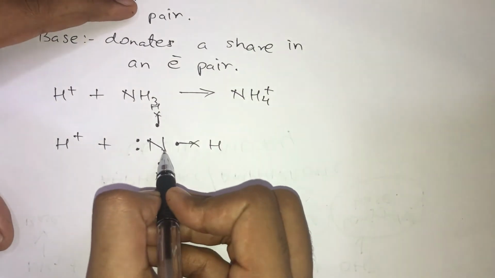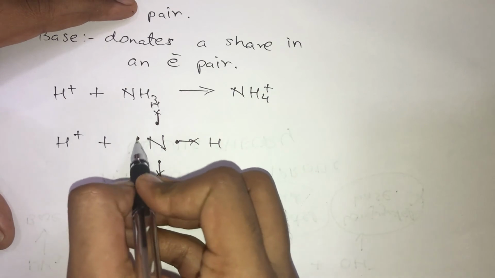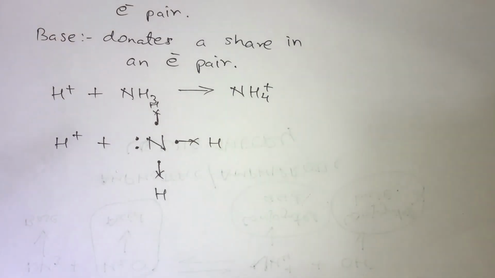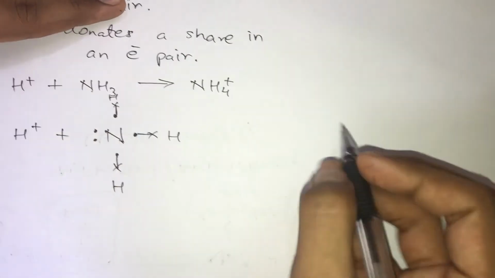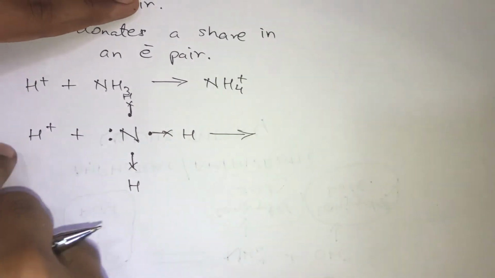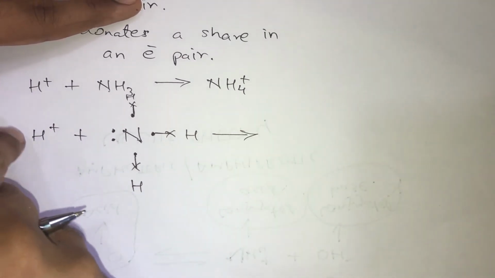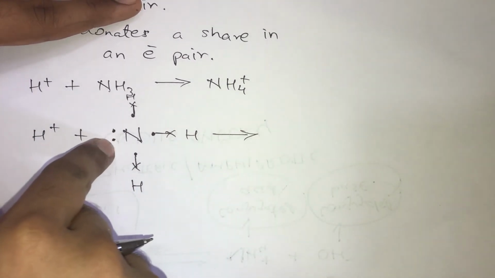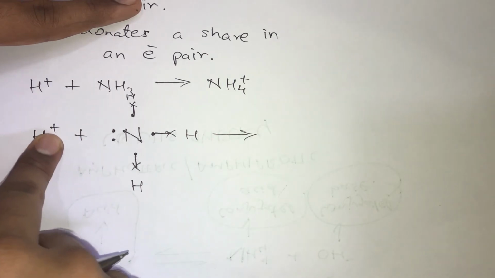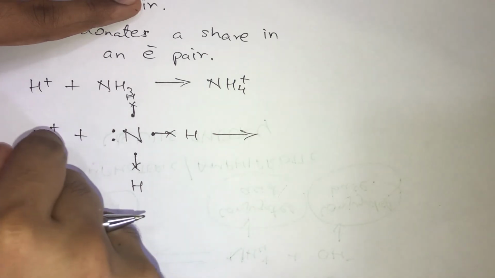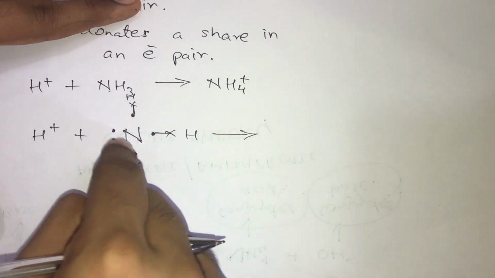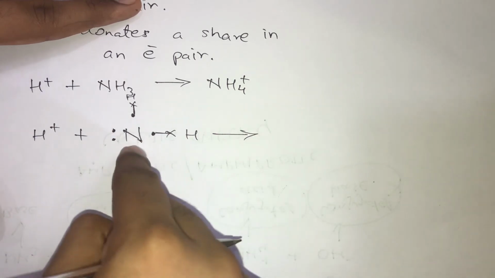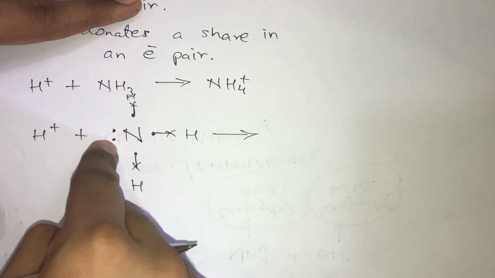Now this nitrogen has 2 free electrons. Okay, so they are not bonded to any of the atoms, they are free. Now what happens is that after reaction, this H+ requires electrons. Why does it require electrons? Because it is positively charged. So since it requires electrons, it is going to take these 2 electrons of nitrogen. And why is it going to take both these electrons?